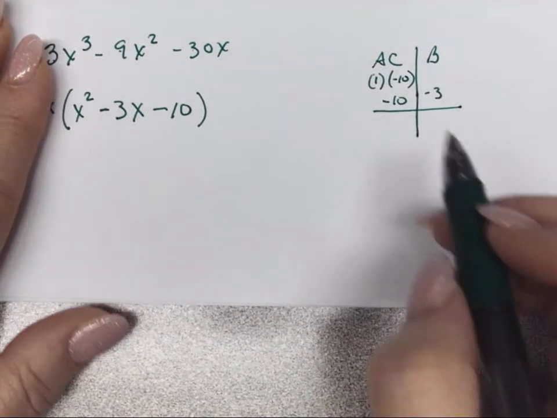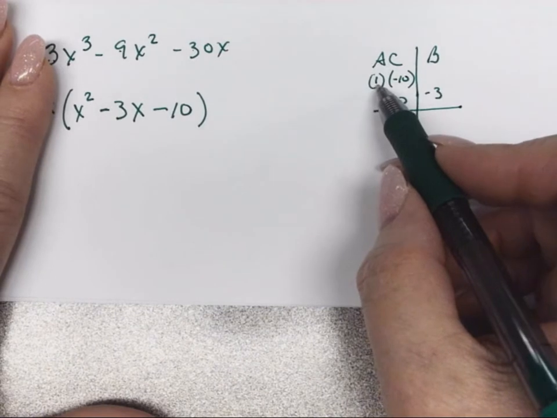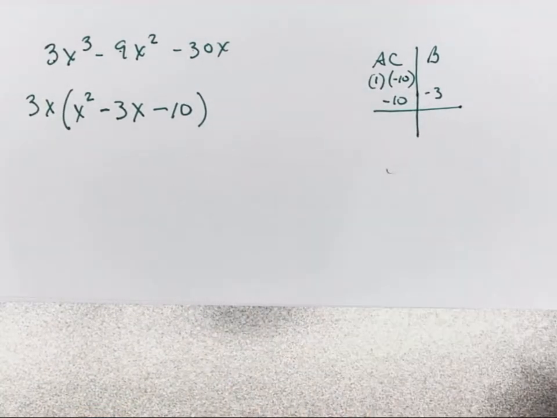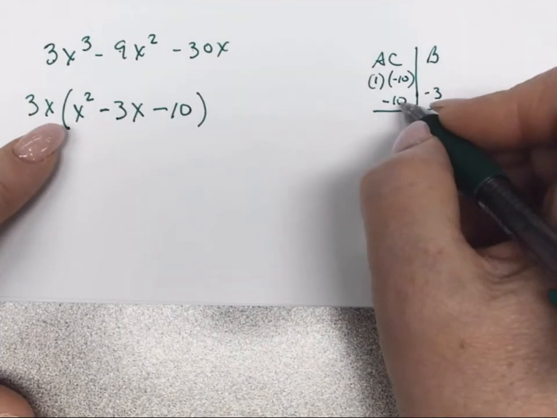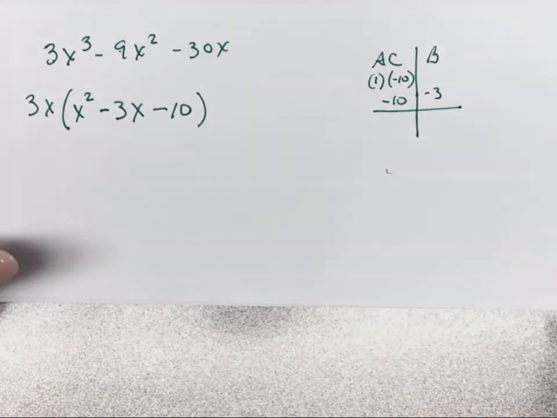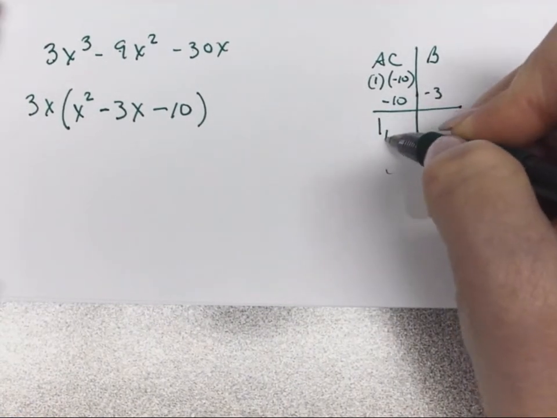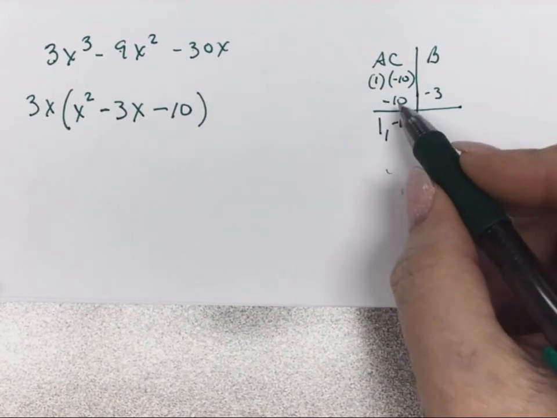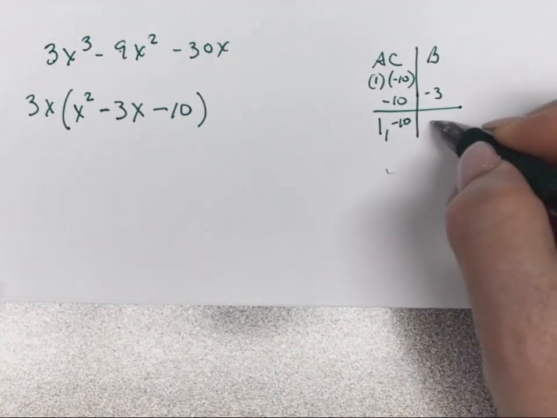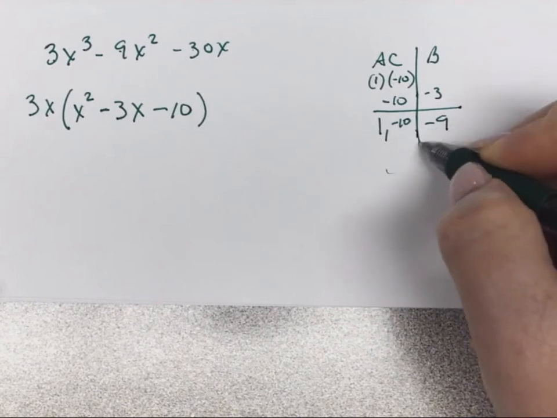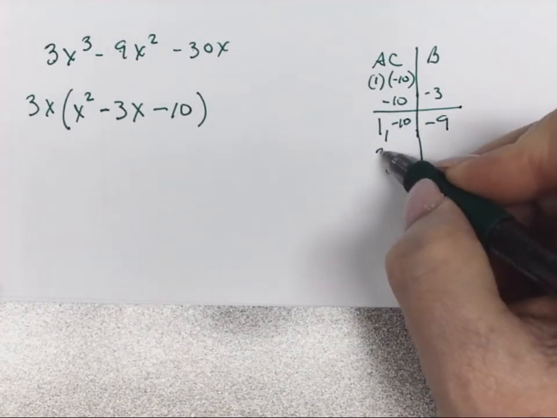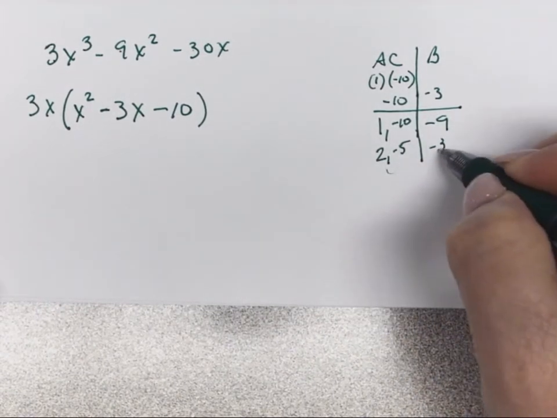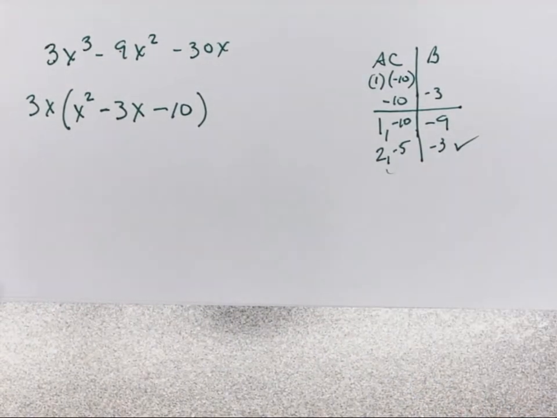All right, now my A is a 1, so I know that whatever I figure out over here should go straight to it. So negative 10, trying to get to negative 3. So let's start with 1 and negative 10. That gets me a negative when I multiply, and when I add them, I get negative 9. So my signs are correct. So 2 times negative 5 is negative 10. When I add them, I get negative 3. That's what I'm looking for.